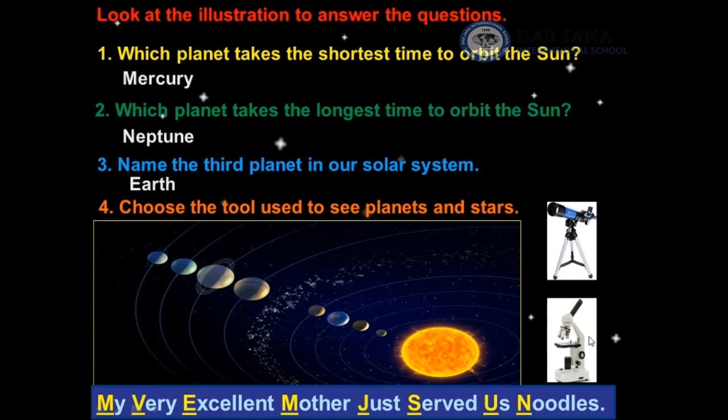We studied that the microscope is used to see small things and it makes the object seem bigger. Whereas the telescope makes the faraway object seem close to us so we can observe them carefully. So because the planets, the stars and the moons are found in space and they are very far away, we need a telescope.